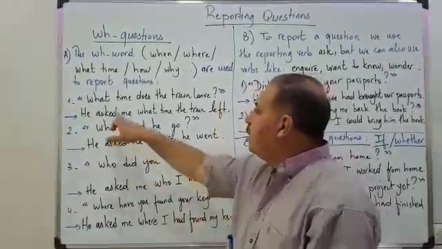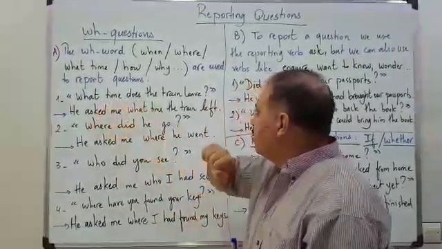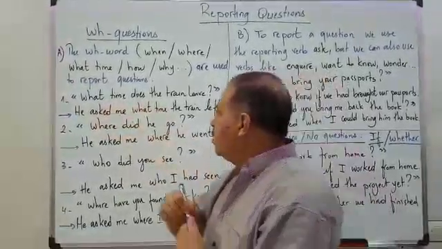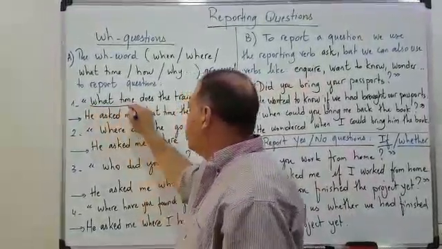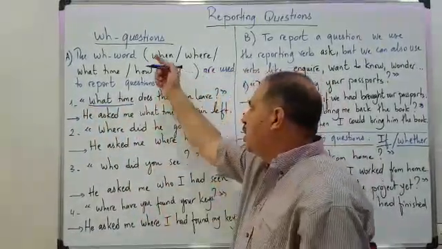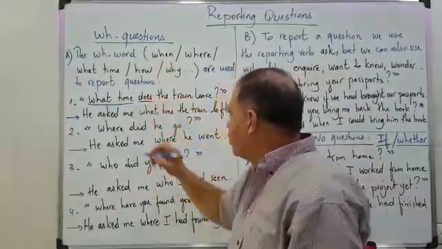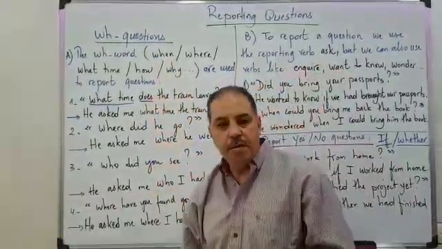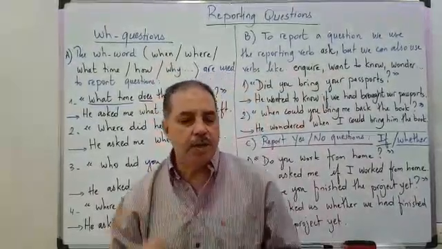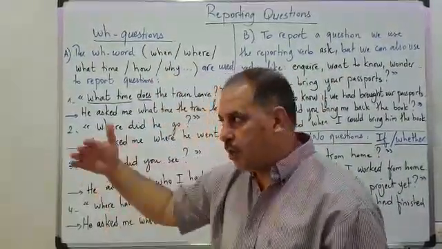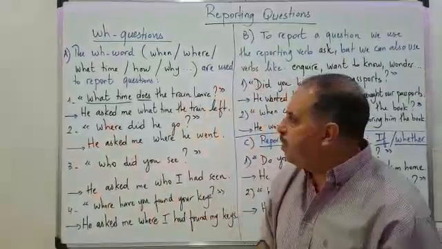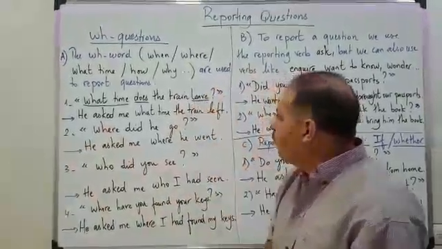For example, here, what time does the train leave? The WH word is what time, or we can change it with when. Then we have does, an auxiliary, which means the sentence is in simple present, and we know simple present becomes simple past. And the verb is leave.